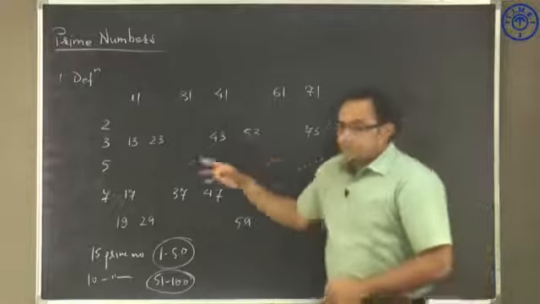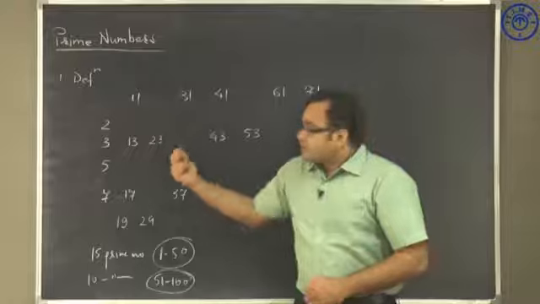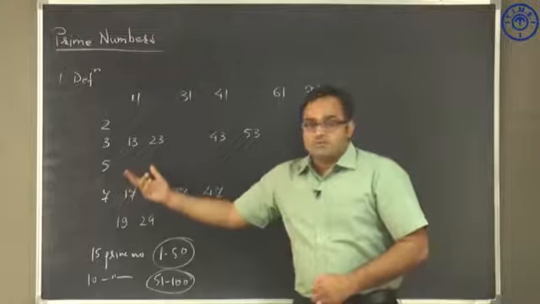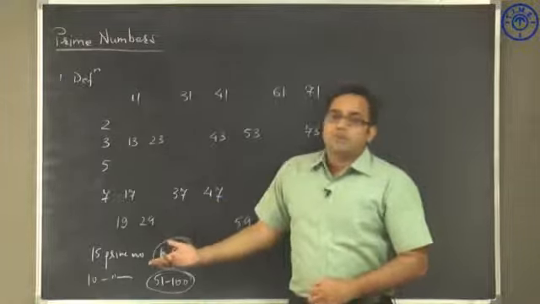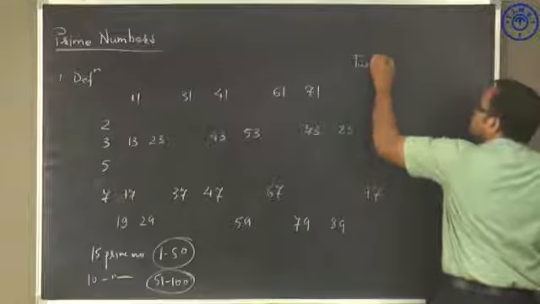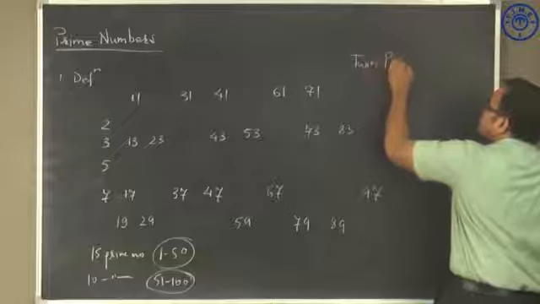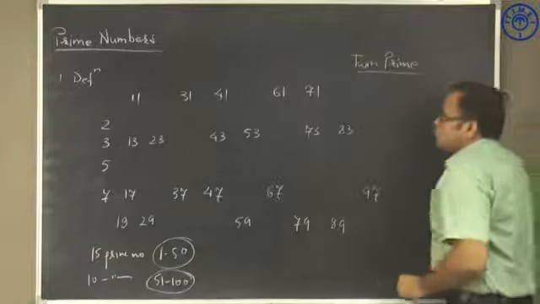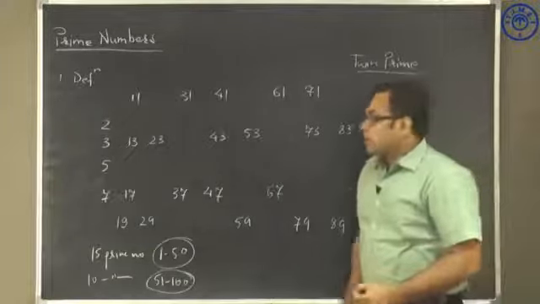Also, any two prime numbers which are separated by 2 are called twin primes.